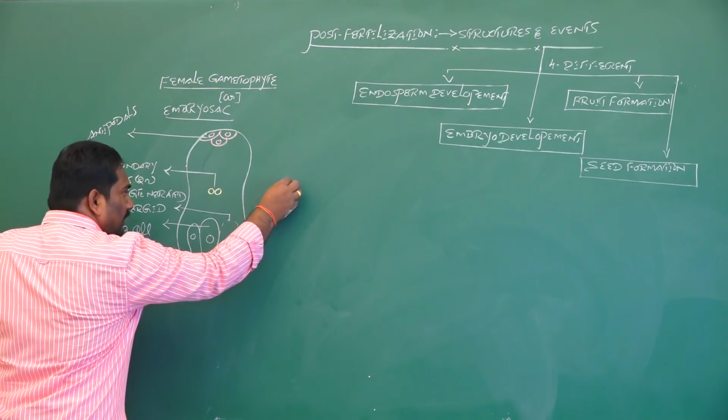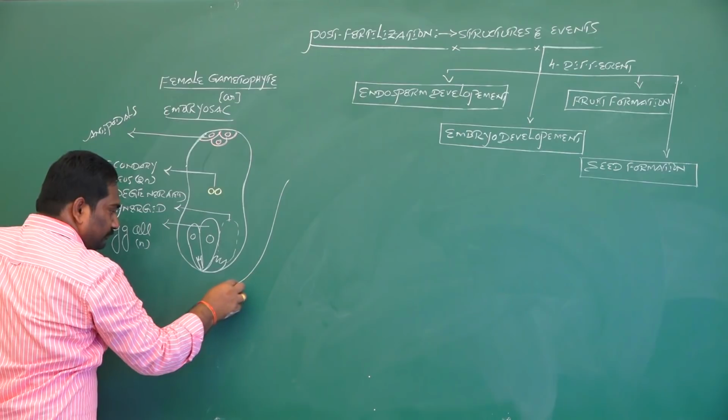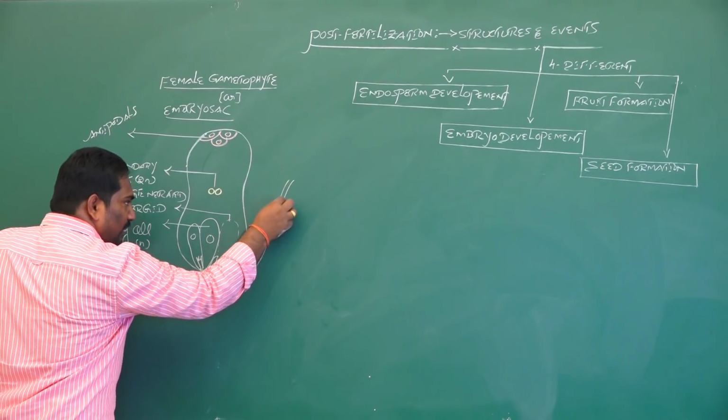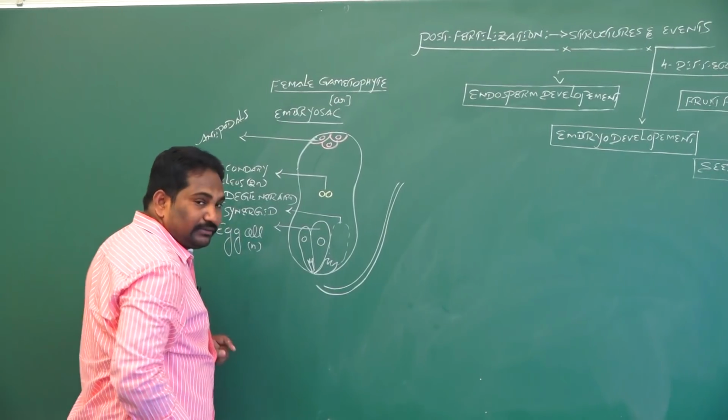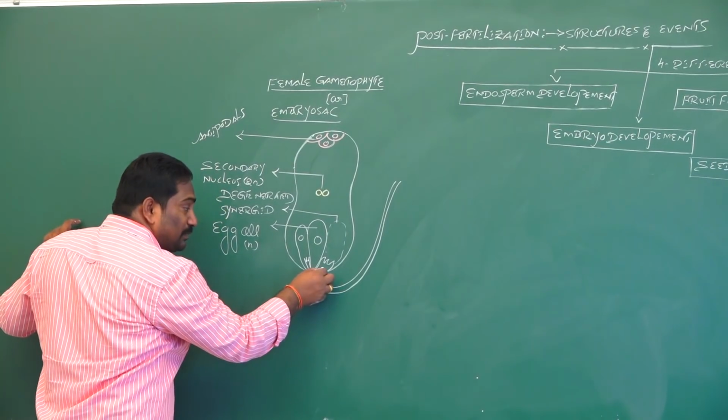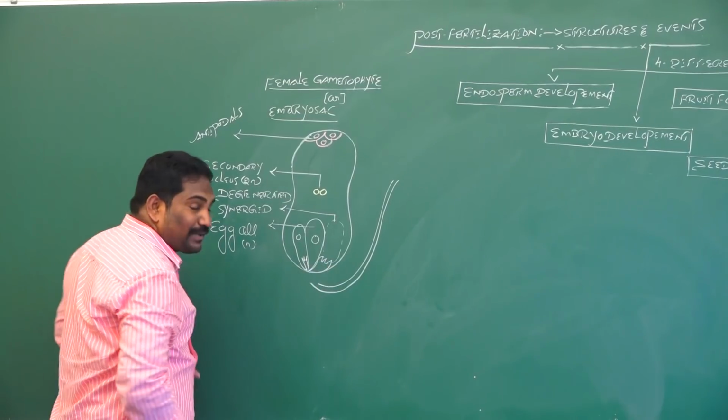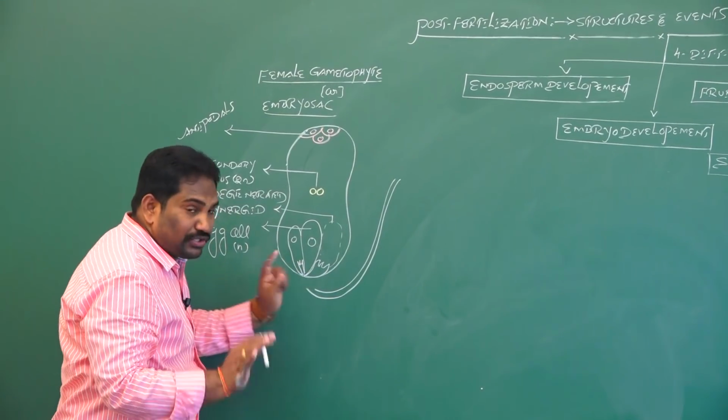Generally, this is the pollen tube. The entry of the pollen tube into the embryo sac is attracted by the filiform apparatus present in the synergids.